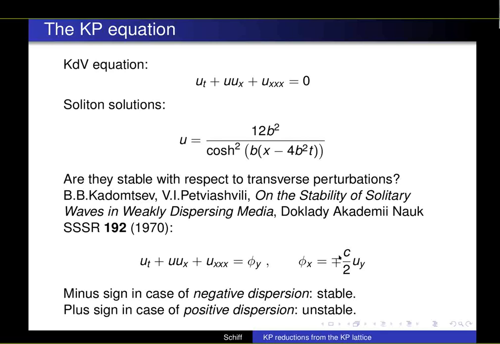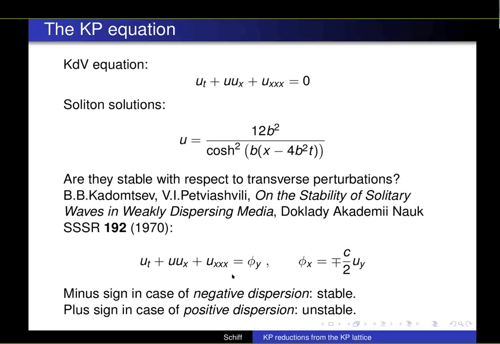So does the phase velocity of the wave increase or decrease as a function of wave number? And they found the critical result, that is, in the case of negative dispersion, these waves are stable against transverse perturbations, and in the case of positive dispersion, they're unstable.